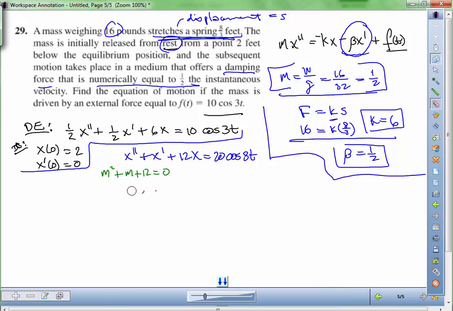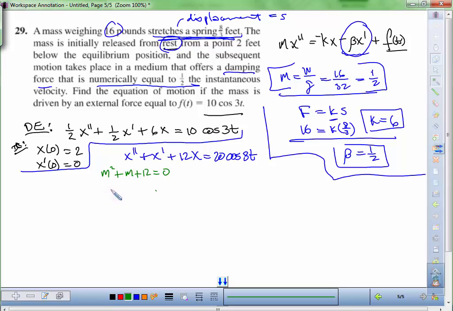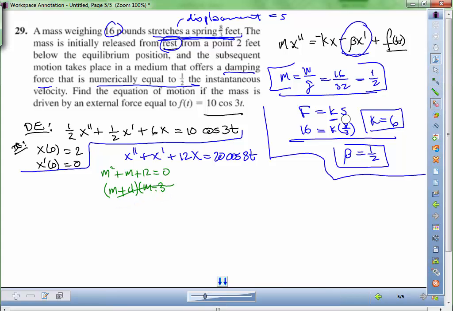Can I factor this? Okay. m plus 4, is that right? m minus 3? So I can't. Okay. Can somebody just tell me what the answer is?